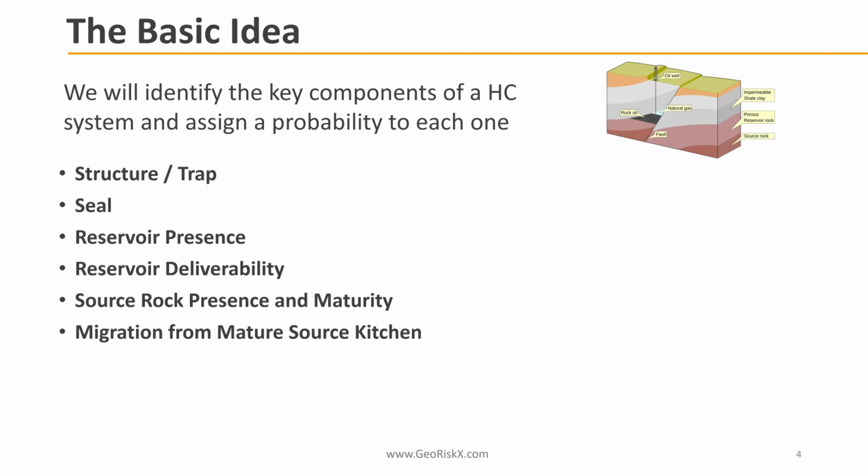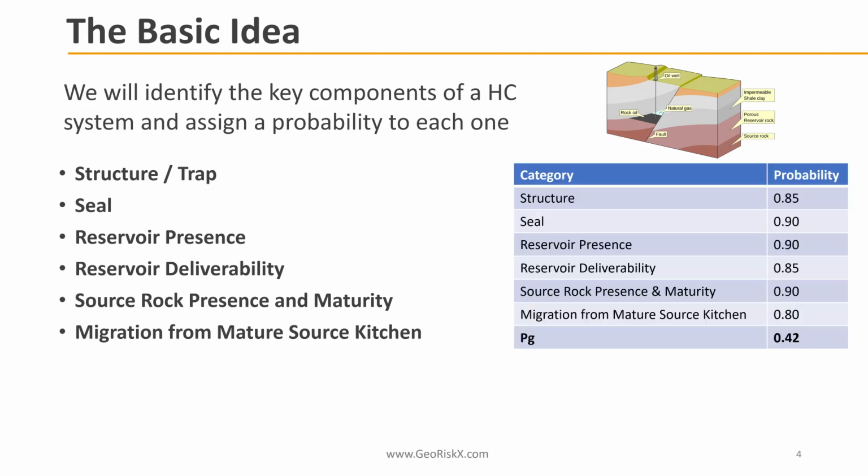So we want to identify each of the parts of our hydrocarbon system, and then we want to assign a likelihood of success. And we do that in a construct similar to this. So what is the probability of there being structure? What's the likelihood of seal, the likelihood of reservoir presence and deliverability, and so on and so on. And then we multiply those together, we take the product, and we come up with a 42% chance of success.